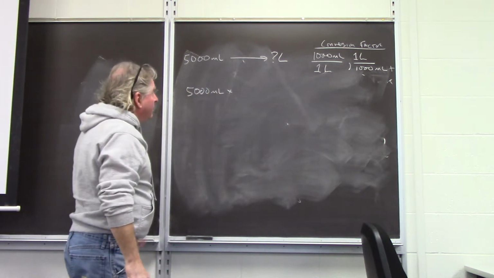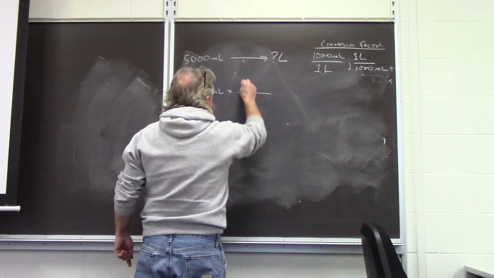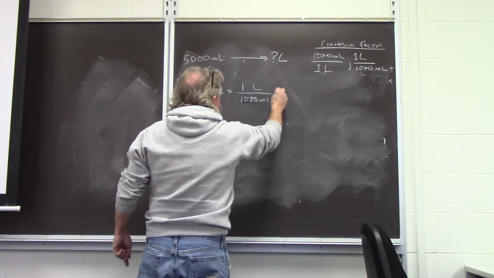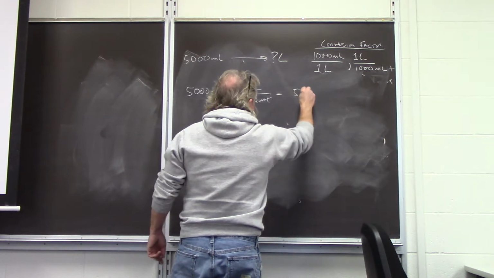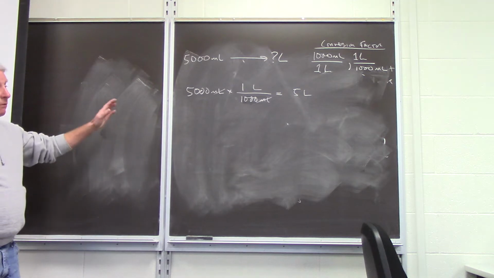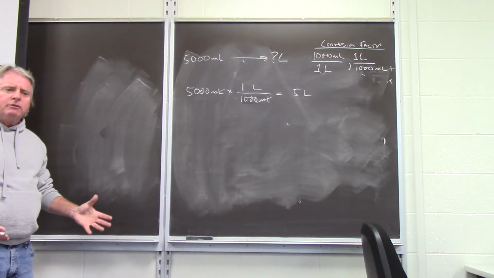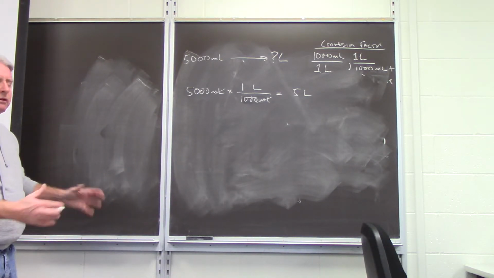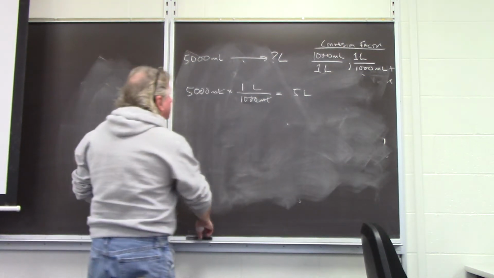I picked the one that has mils on the bottom because I want the mils to cross out. And then do my math, and I end up getting 5 liters, which is the right answer. Okay. Now, when I did that, did it make any sense conceptually? Did you hear me talking about what I'm really doing? No, you really don't hear what I'm doing. Okay, now what I'm going to do is change this to groups.